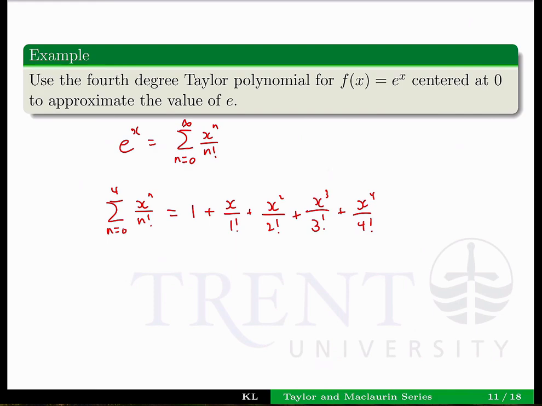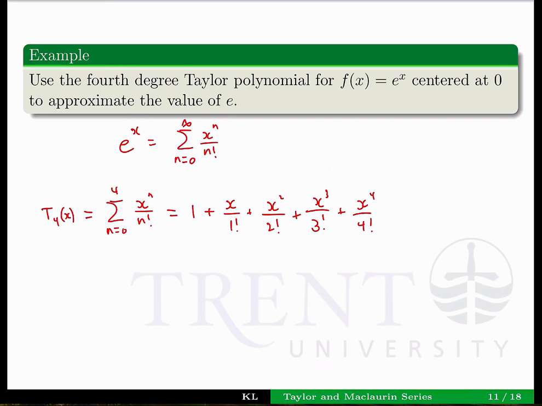We want to approximate the value of e, which means we can let x equal 1. So let us label this as t sub 4 of x.